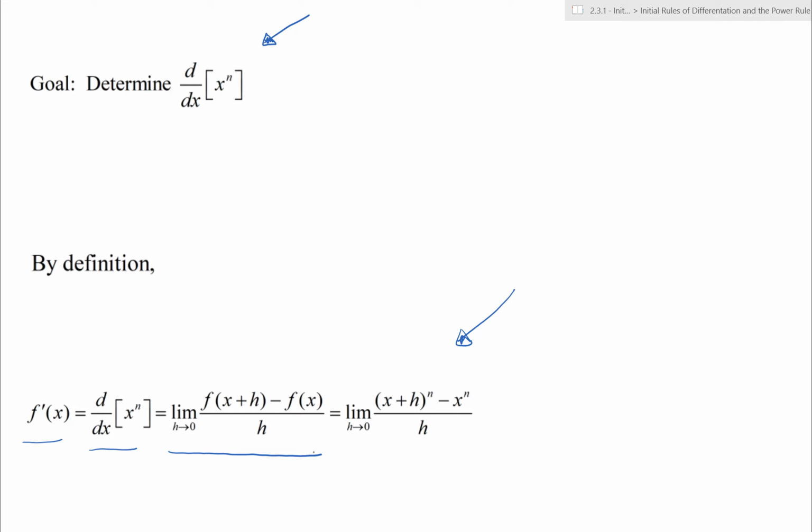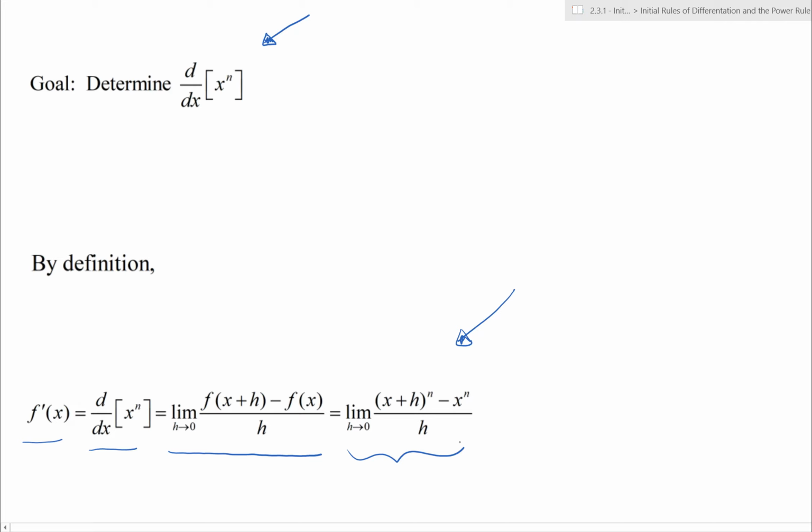And in this case, our f is x to the n, and so we get this limit right here, limit as h goes to 0 of x plus h to the n minus x to the n divided by h. So as h goes to 0 there, of course, that goes to indeterminate form 0 divided by 0. And so we got to have some kind of method.